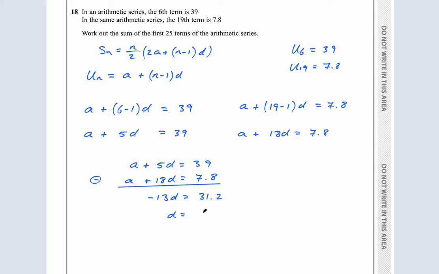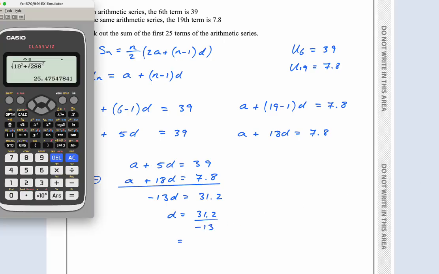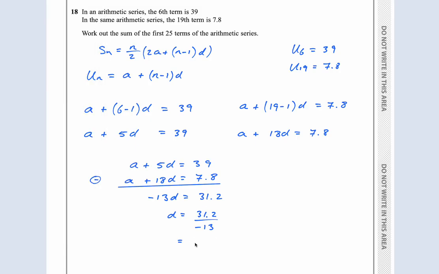Then d is equal to 31.2 divided by negative 13, which is negative 2.4.